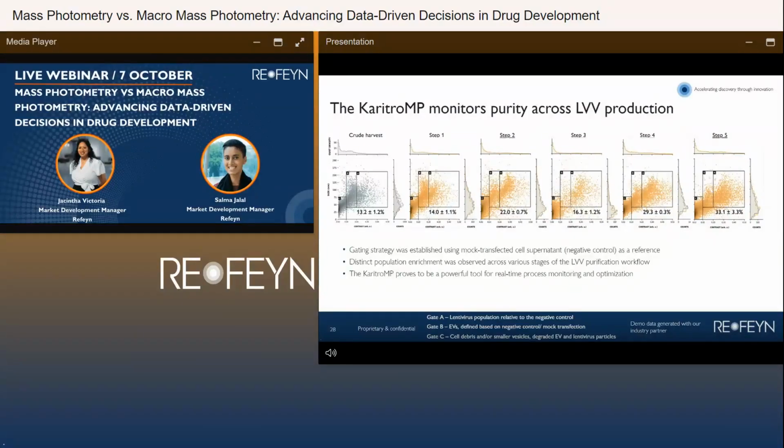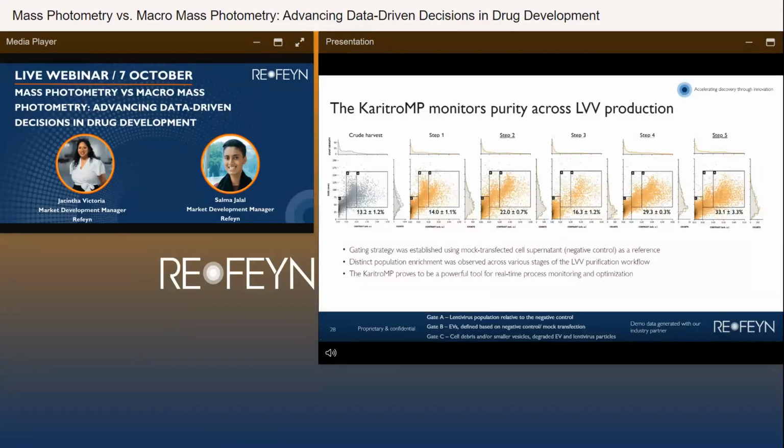Whereas here, again, we haven't shown you the gating strategy, but it was developed using positive controls, as in the LVV intact particles, and negative controls, as in mock transfected or just cell supernatants, which would generate exosomes or other extracellular vesicles. So you have your lowest gate C, which is low contrast, low size: your smaller vesicles, cell debris, fragments, and protein aggregates.